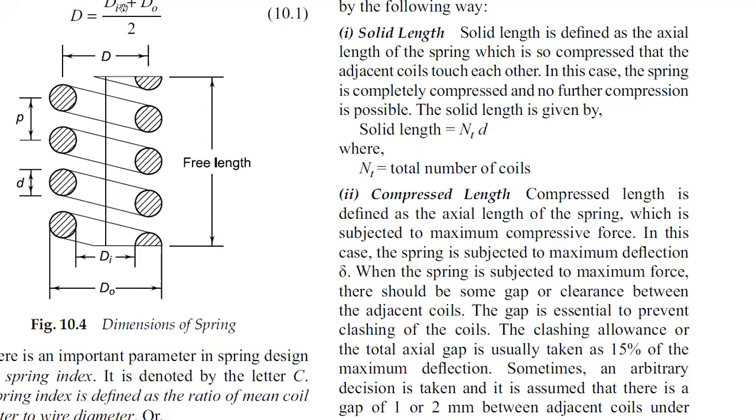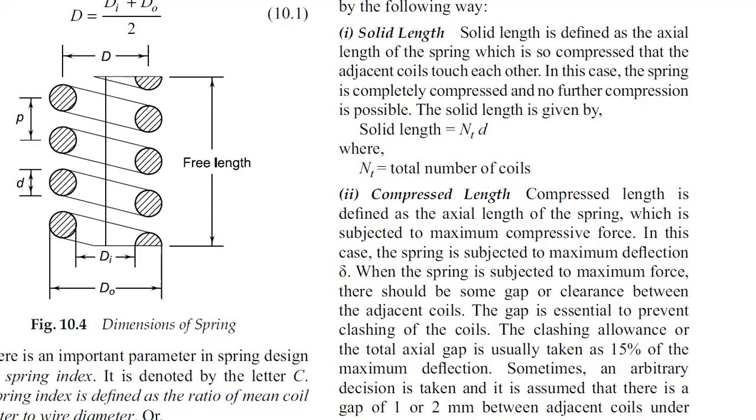Yeah, I'm getting several answers, like when there is no load in the spring, the length of the spring in compressed state, yeah, correct. See, what will happen whenever I say solid length? Solid length means once you compress this spring in the axial direction, whatever the length of the spring is, it is considered as the solid length of the spring.